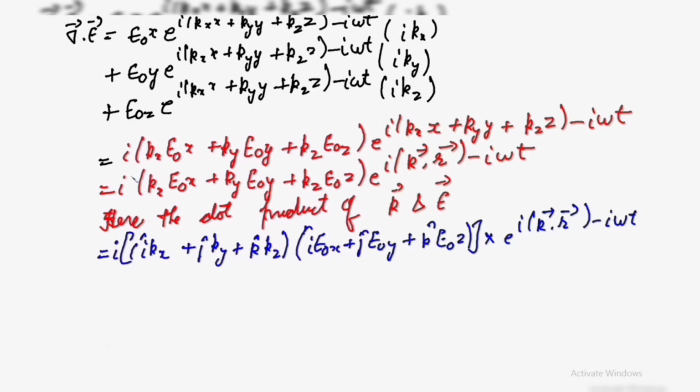So dear students, we can write these equations easily like this.